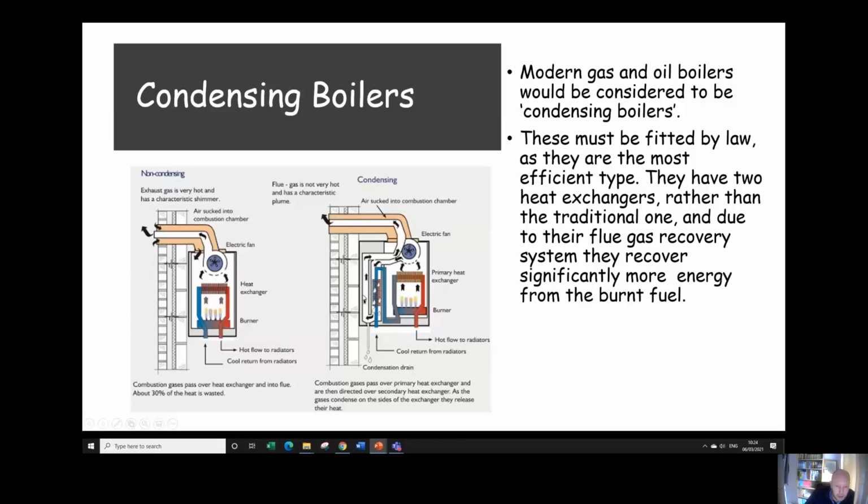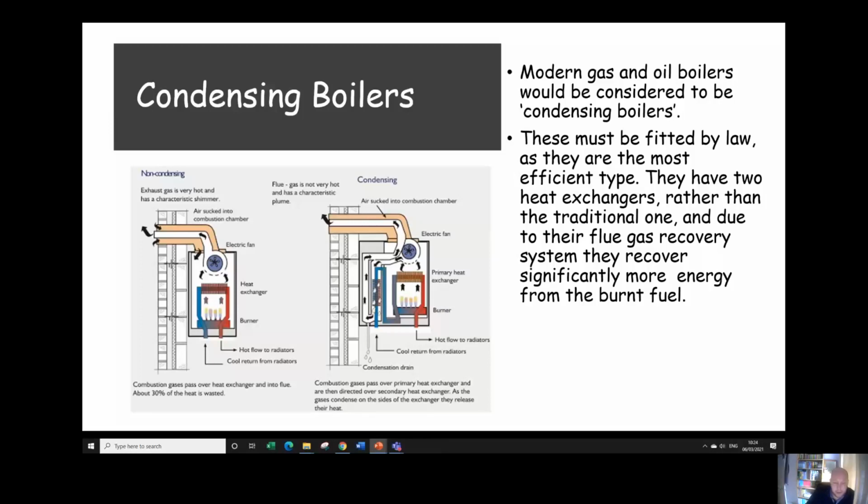This can cause the products of combustion to condense. Whenever you burn any fossil fuels, you can have carbon in there, you can have hydrogen in there, and obviously it reacts with the oxygen as part of the combustion process, and that hydrogen and oxygen react together to create H2O, which we all know is water.